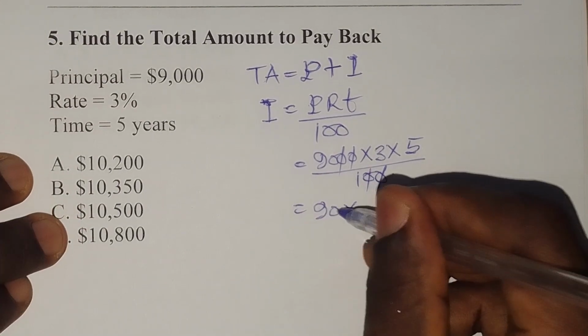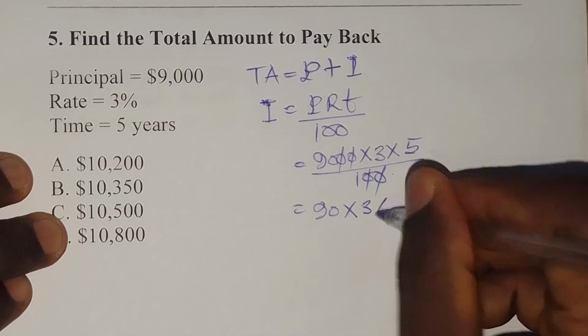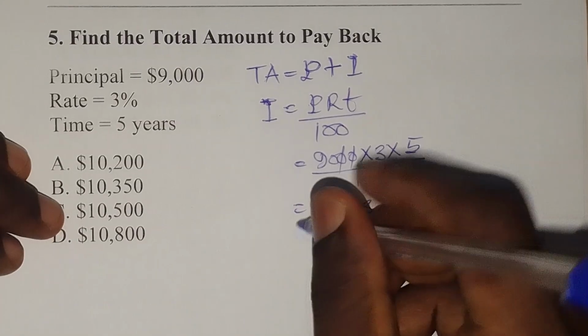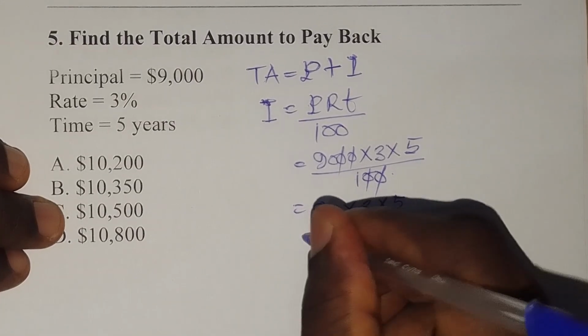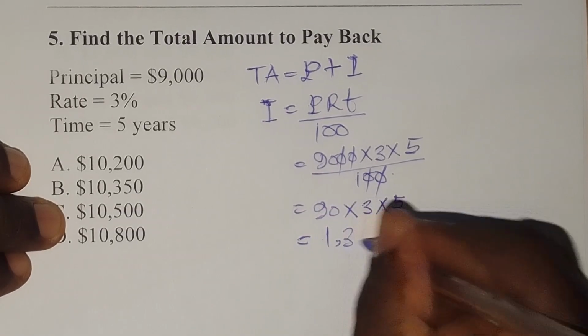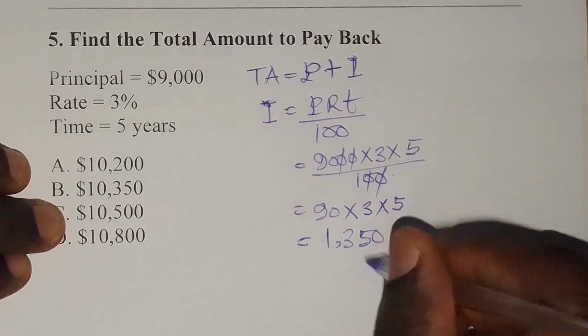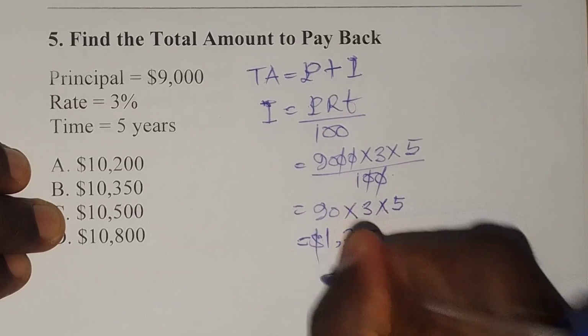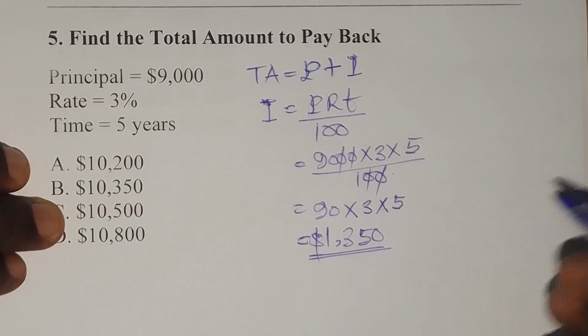So we are left with 90 times 3 times 5, and that gives us $1,350 as our interest.